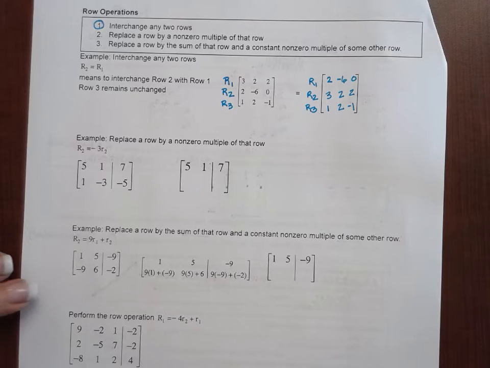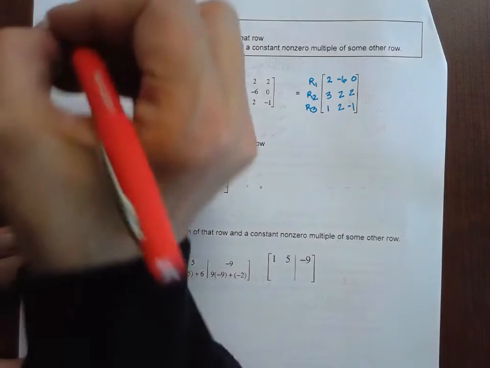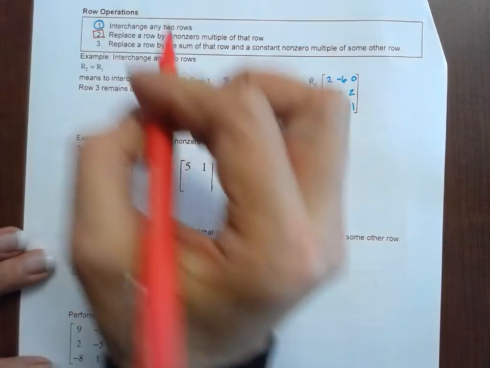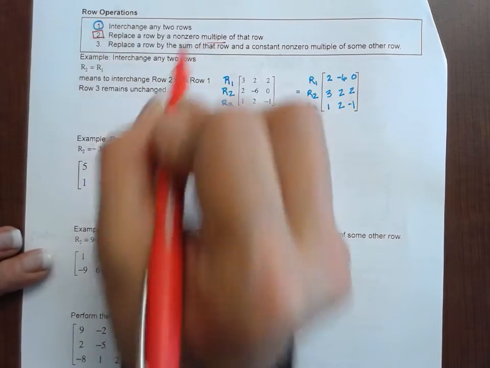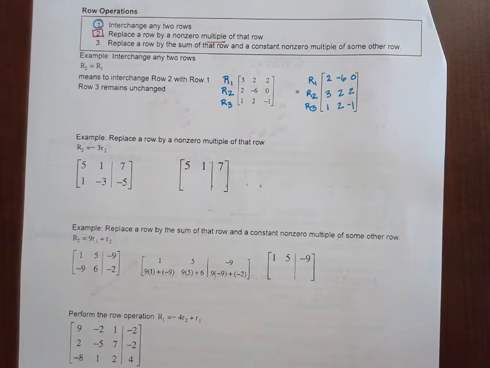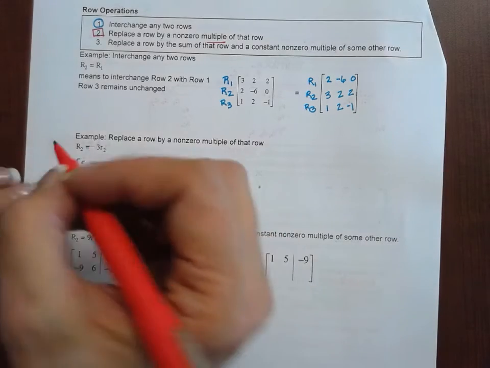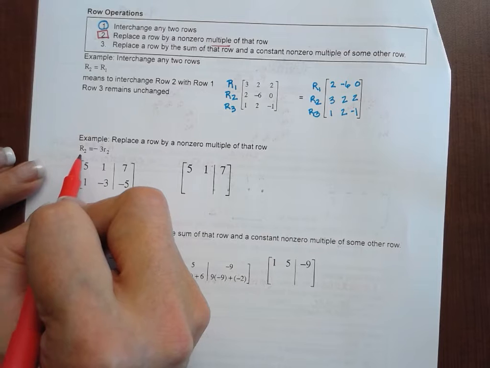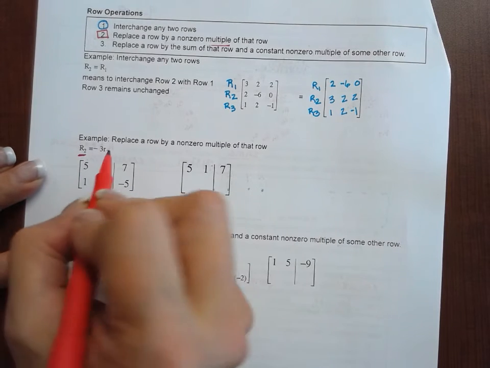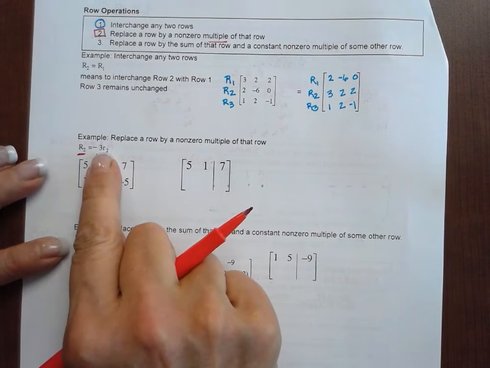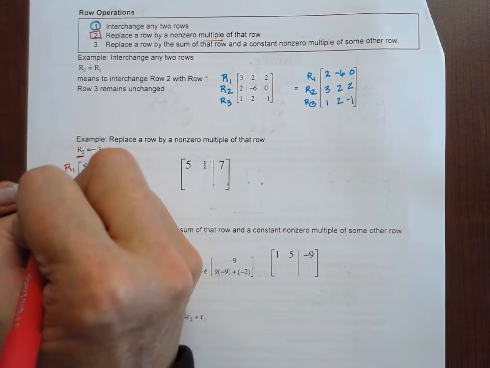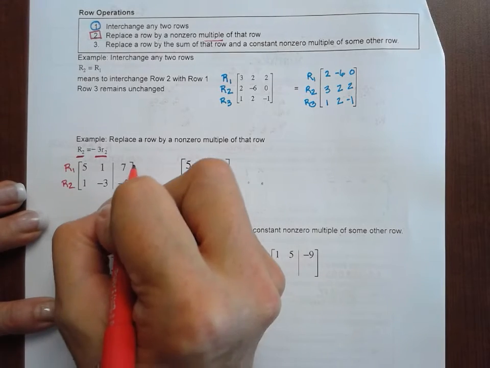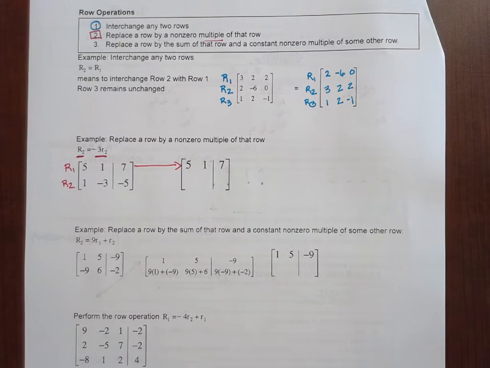Okay, the second thing I can do is replace a row by a non-zero multiple. That means I can multiply the row. I'm going to take row 2 and multiply it by -3. So here's row 1, there's row 2. Row 1 I didn't do anything with, so it stays exactly the same.